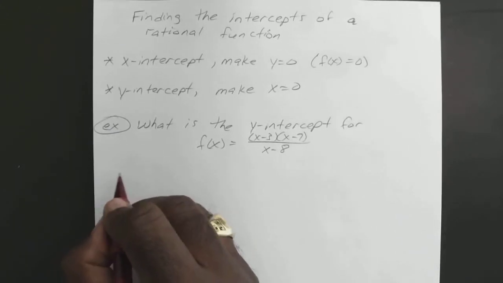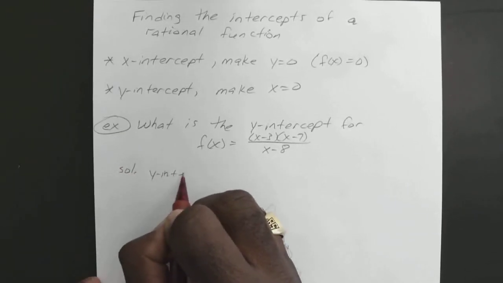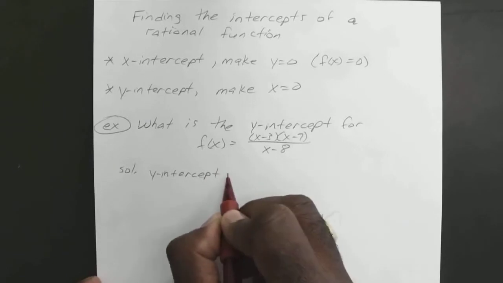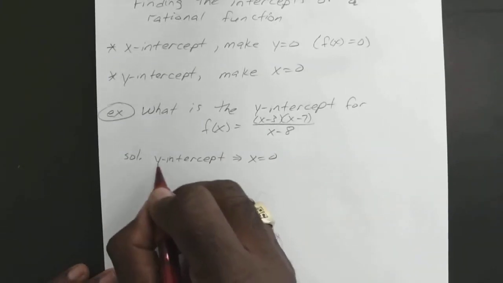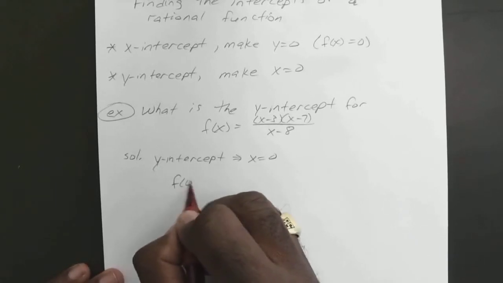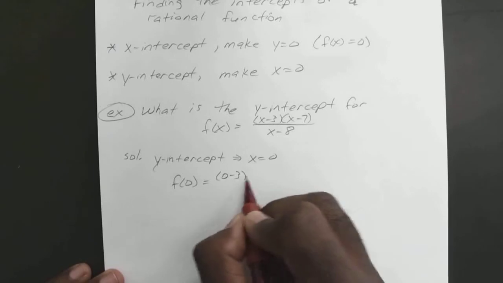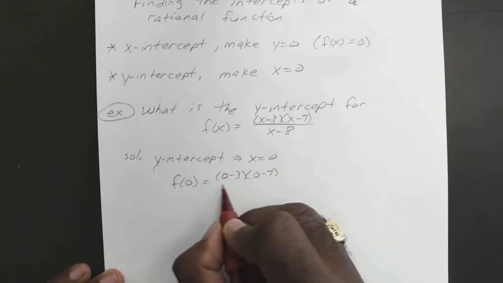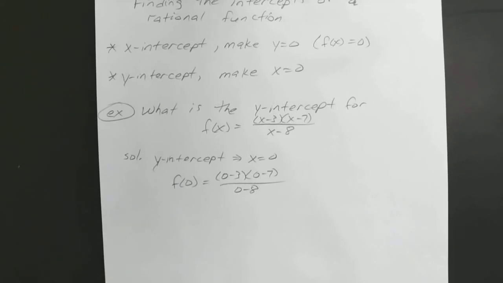So we know for the y-intercept, just make all the x's equal 0. Okay, so that means our f of 0 is equal to 0 minus 3 times 0 minus 7 all over 0 minus 8.